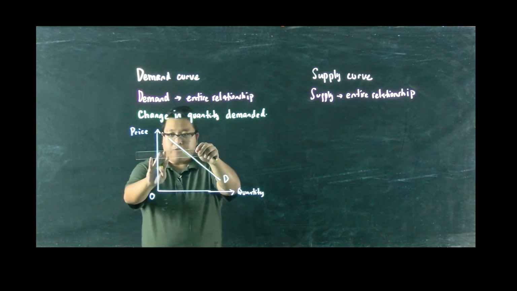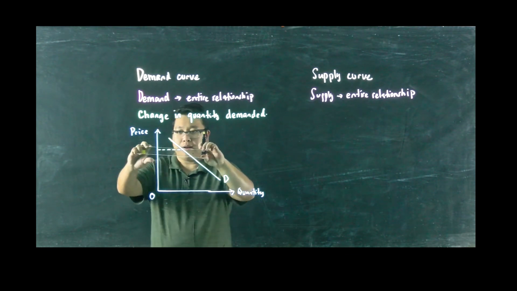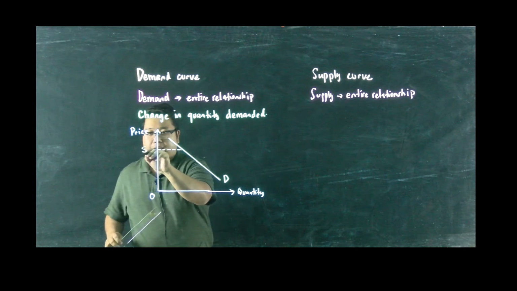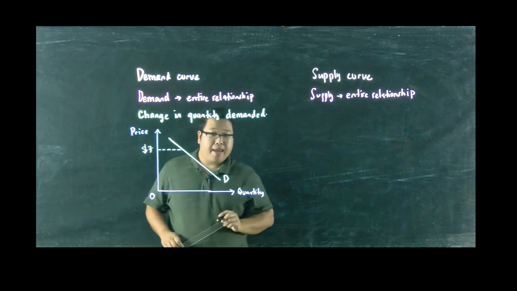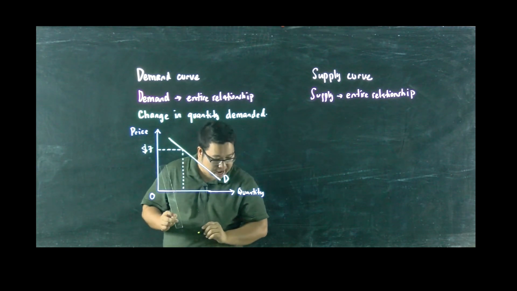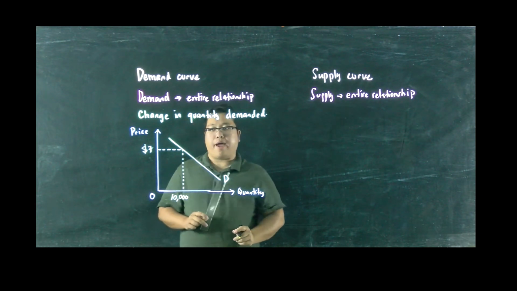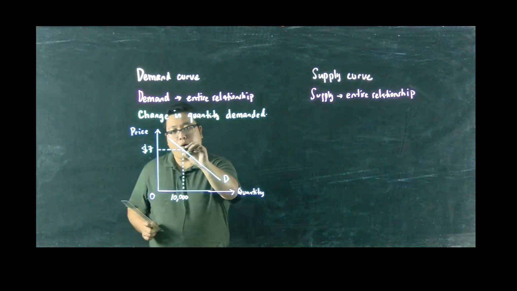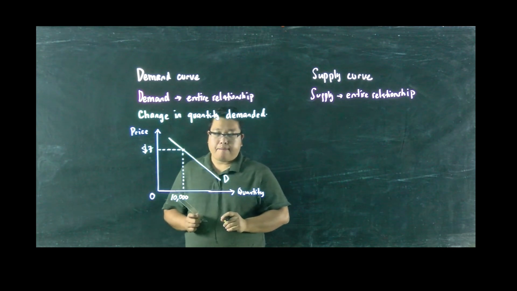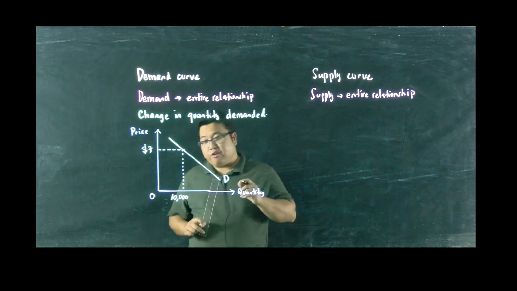So let's suppose that the price here is equal to, let's say, $7. And for $7, individuals are willing to buy in this economy, let's say 10,000 units. Now, suppose that the price drops from $7 to, let's say, $3.